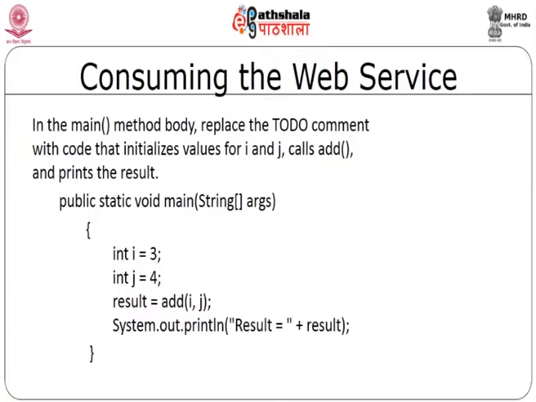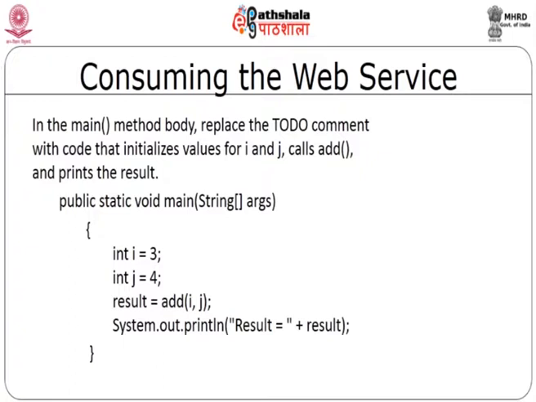Int i equal to 3, int j equal to 4, int result is equal to add of i comma j, System.out.println. When it goes to add of i comma j, this add of i comma j goes and calls this particular add of int i comma int j. Again here this has been created as a service.